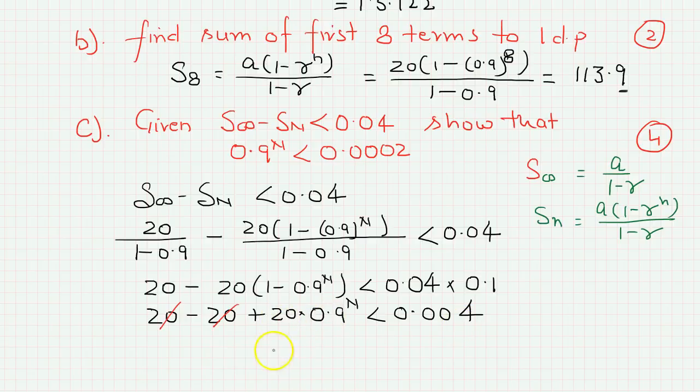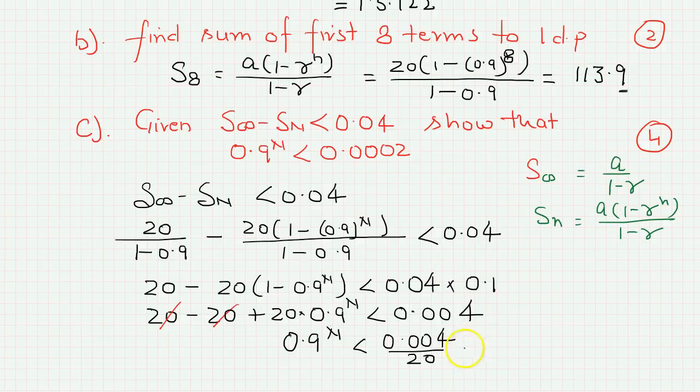And this 20 will be divided by 0.004, so 0.9 to the power n is less than 0.004 divided by 20.